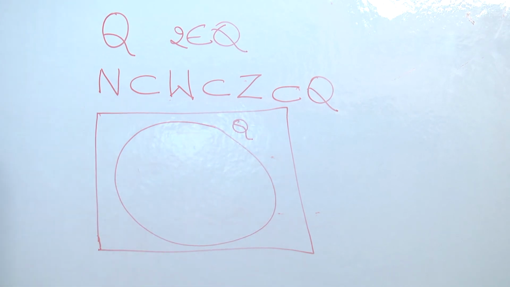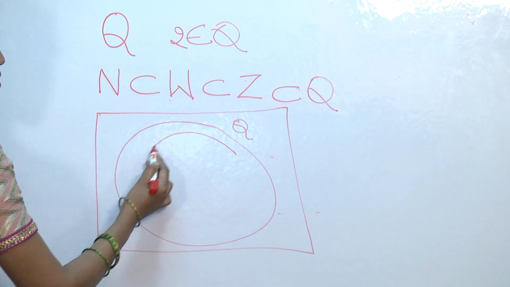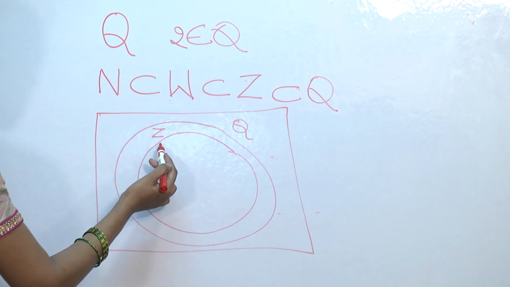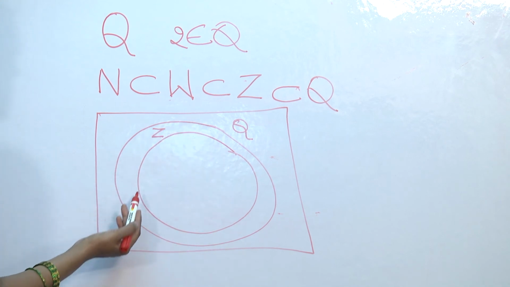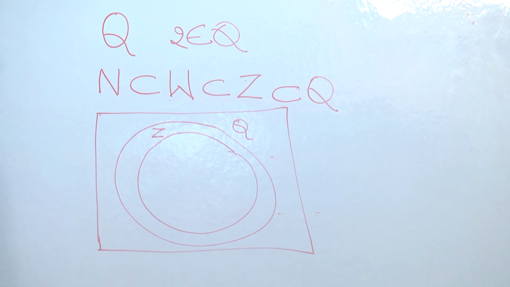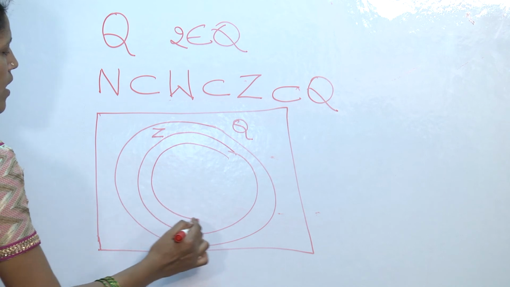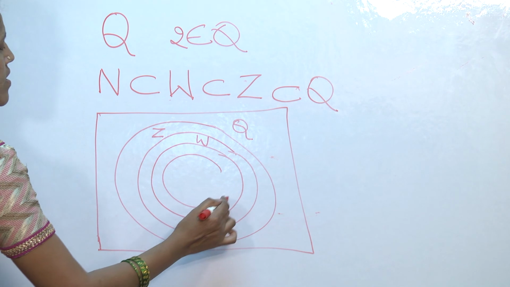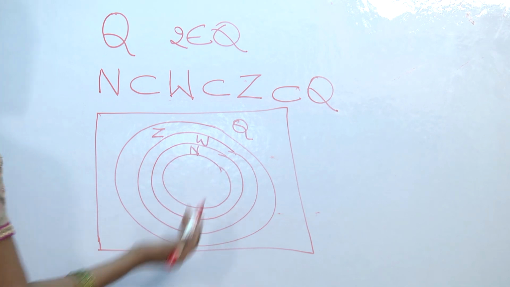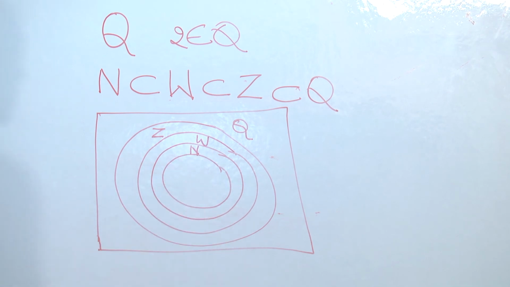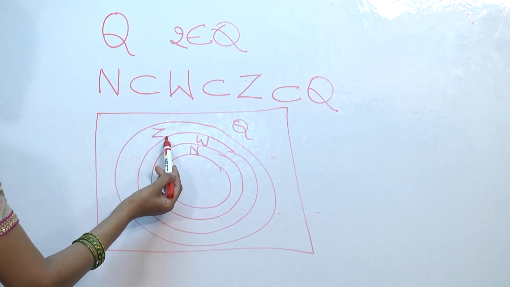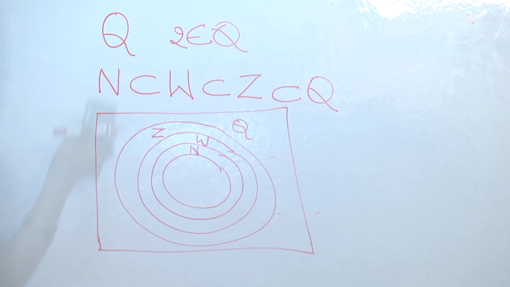As we have already observed, rational numbers contain integers inside them, or Z is a subset of Q. Integers are a subset of rational numbers. The reason is every integer is a rational number and integers consist of whole numbers. Whole numbers in turn consist of natural numbers. So we can observe clearly that natural numbers are a subset of whole numbers, which are a subset of integers, and that is a subset of rational numbers.